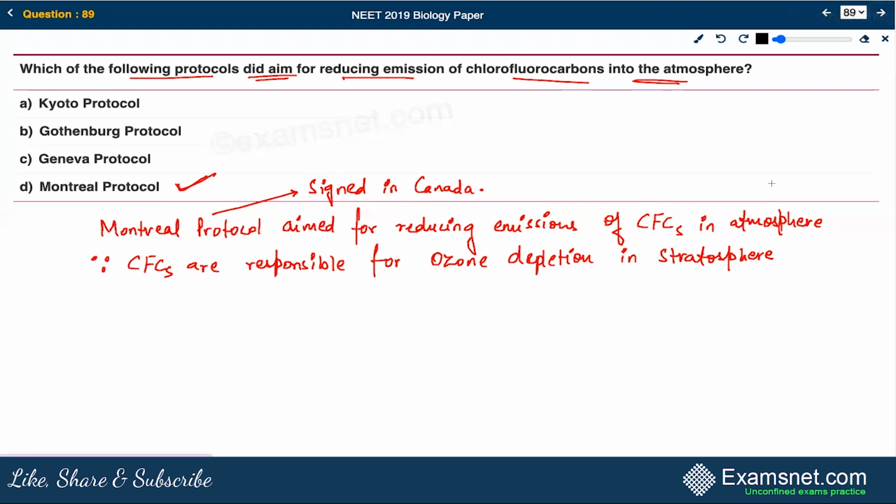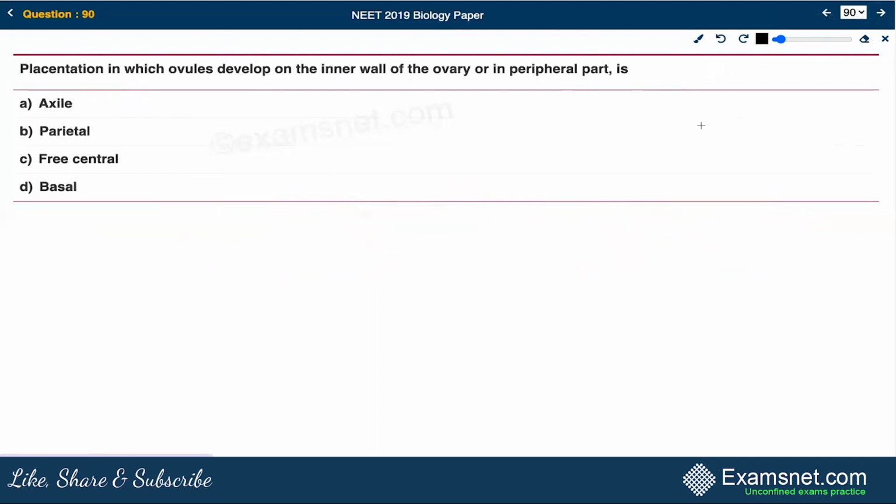Now, question number 90, which is the last question. Now, this question says that placentation in which the ovules develop on the inner wall of the ovary or in the peripheral part, or in the periphery. So, let me tell you, this placentation process indicates the arrangement of the ovules inside the ovary.